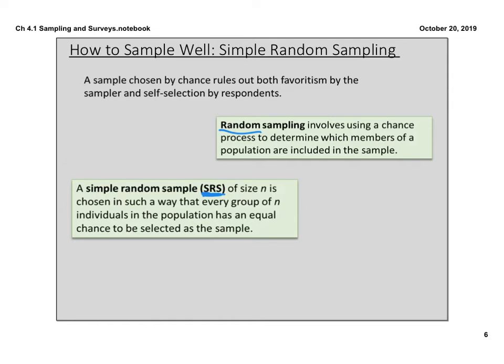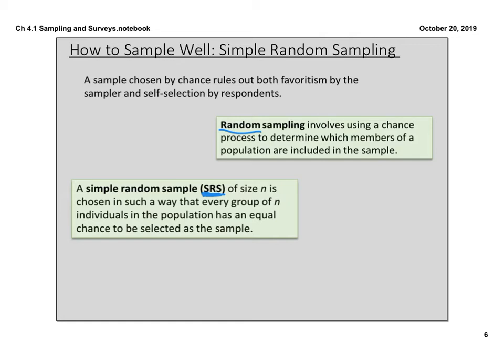So you have to take some sort of outside tool or resource to generate your random individuals. Oftentimes that's a random number generator. We have a random number generator on our calculators. We can use that to decide who's going to participate in our survey, or our experiment if we're doing an experiment.